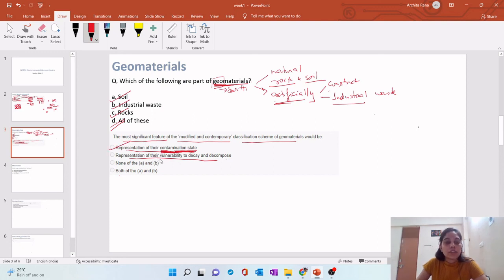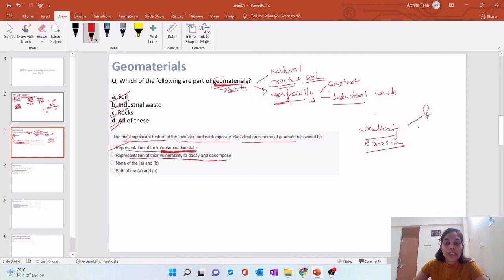Another is about how vulnerable they are to decay and decompose. Even natural soil and rock can decay or decompose through methods which we studied in earlier classes, that is weathering, erosion, all of this.